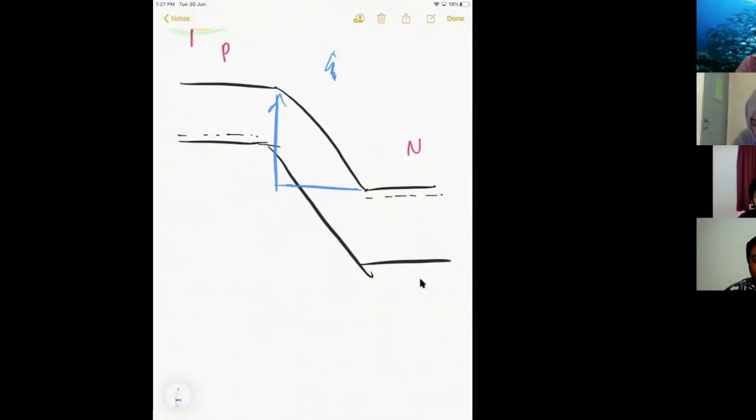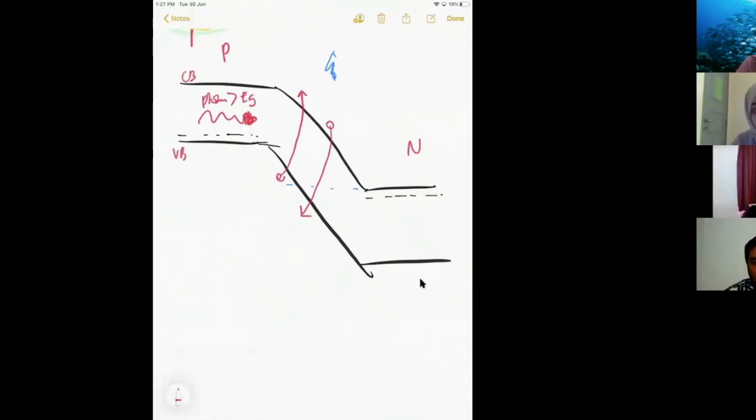In a photodetector you have generation. Light comes and hits the semiconductor. If the photon energy is bigger than the band gap energy, it will be absorbed by the electron, which has enough energy to be excited to the conduction band. The same goes for the hole, which will have enough energy to go to the valence band.